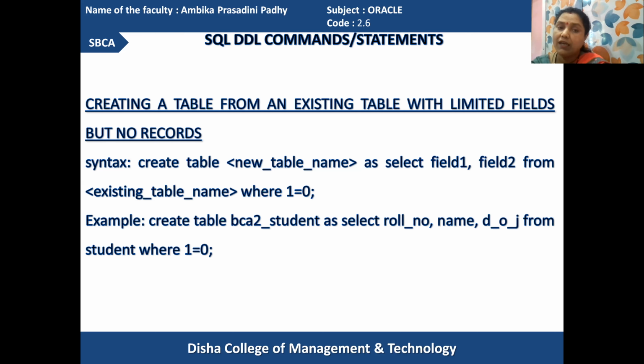No contents are required. You have to store some set of new information inside the BCA2 student, but the field names you want. So the field names will be selected from the student table, and a new table will be created, that is BCA2 student. Got it?